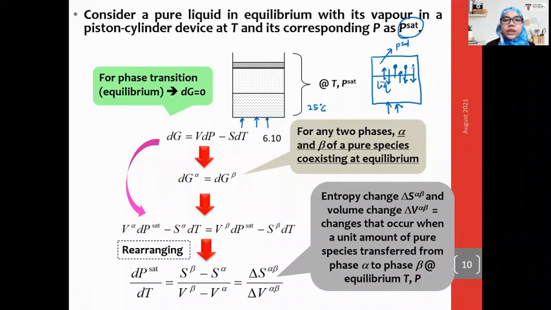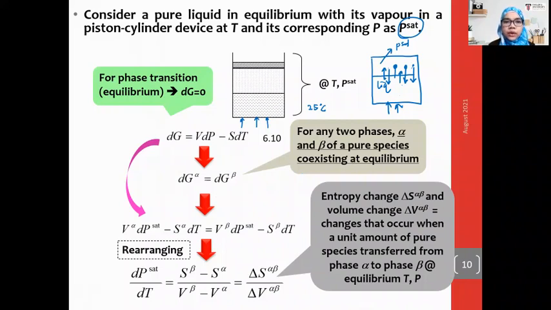Back to the Gibbs energy correlation, we have dG equal to VdP minus SdT. Since at equilibrium, dG at alpha will be equal to dG at beta. Alpha and beta are the different phases of the pure substance, which coexist at equilibrium.